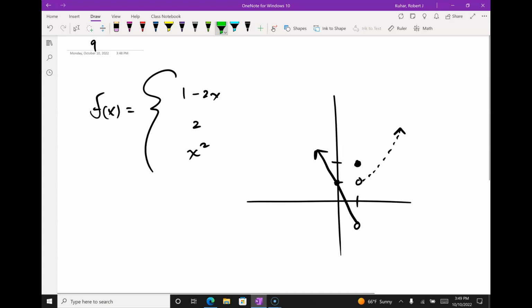So I think this is not a problem. Graphing that is not a problem. It's a single point. When x is 1, I have the height of 2. Yes?